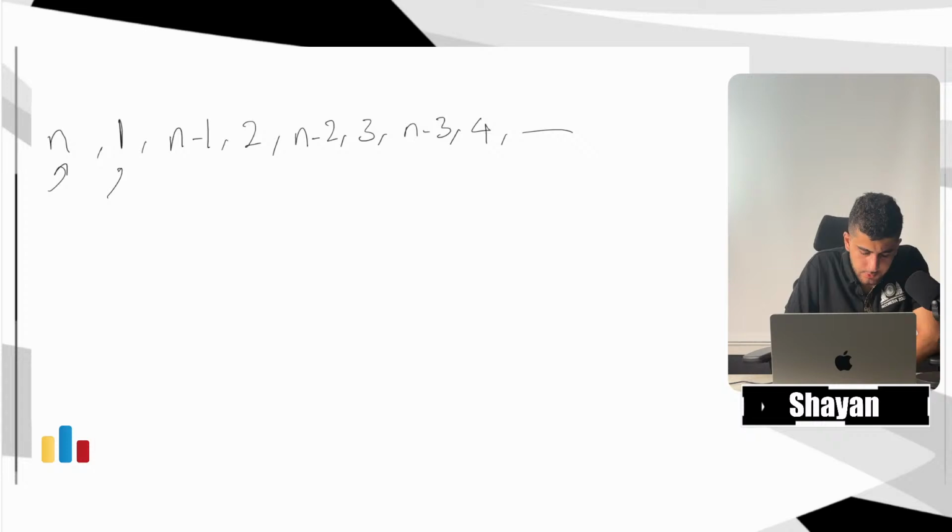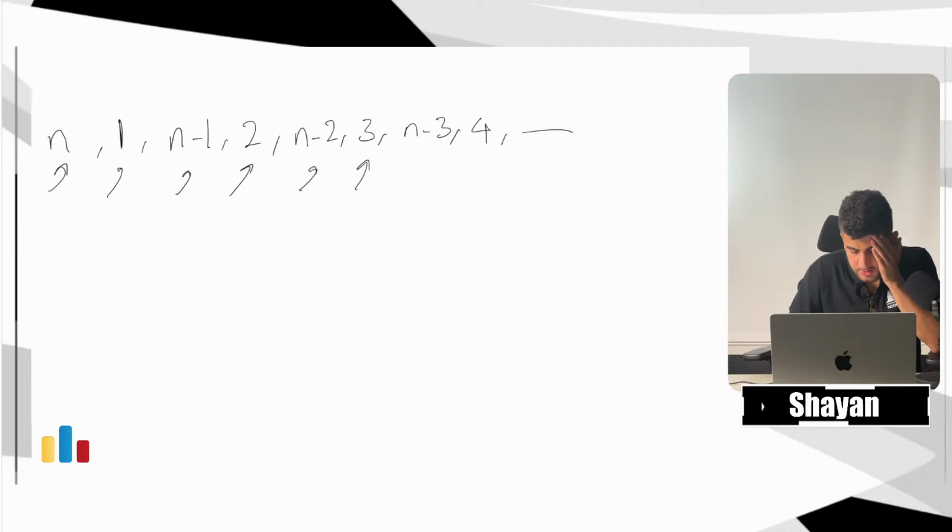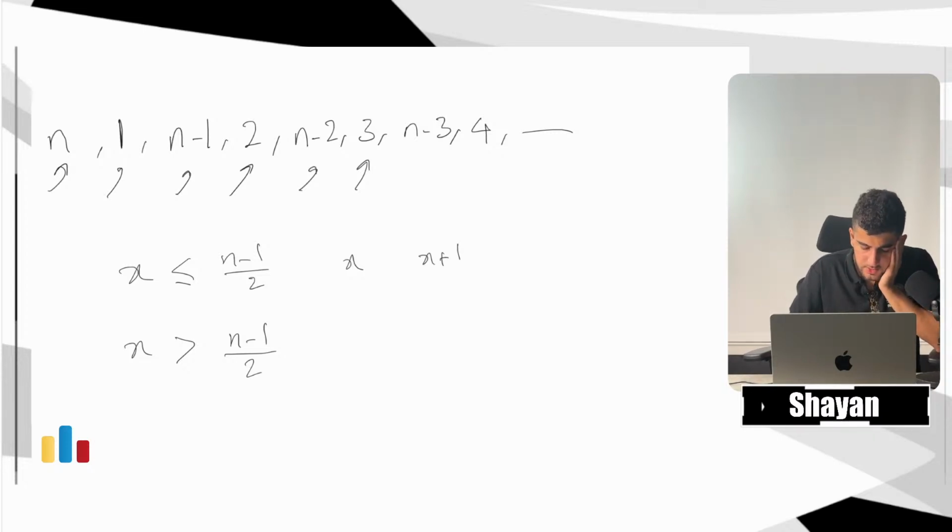Maximum and then minimum. Then maximum and then minimum. This way, for all the numbers x that are less than or equal to (n minus 1) over 2, you're going to have x plus 1 after x. For all the numbers greater than (n minus 1) over 2, and obviously x is between 1 and n minus 1 as well, x plus 1 comes before x.